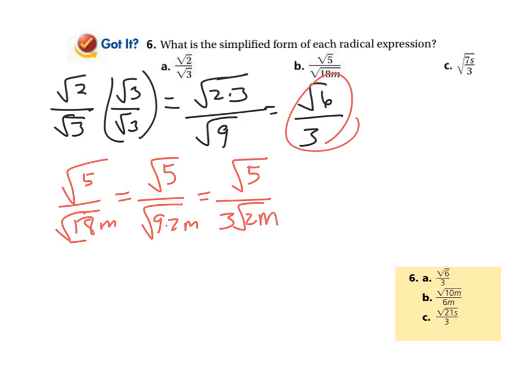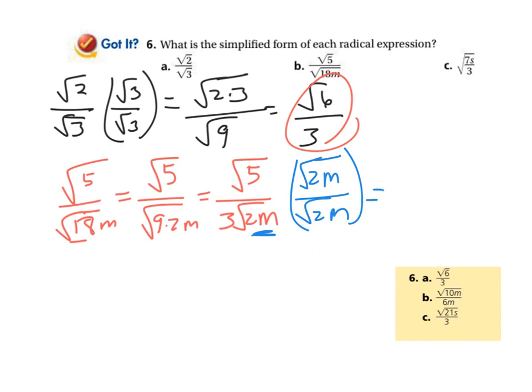Now that looks nice except for the fact that, again, I have a radical in the denominator, not allowed. So I'm going to multiply top and bottom by a well-chosen 1. In other words, the square root of 2m over the square root of 2m. And again, I say well chosen because I didn't pick some random version of 1. I picked one that's going to help me get rid of this radical here.